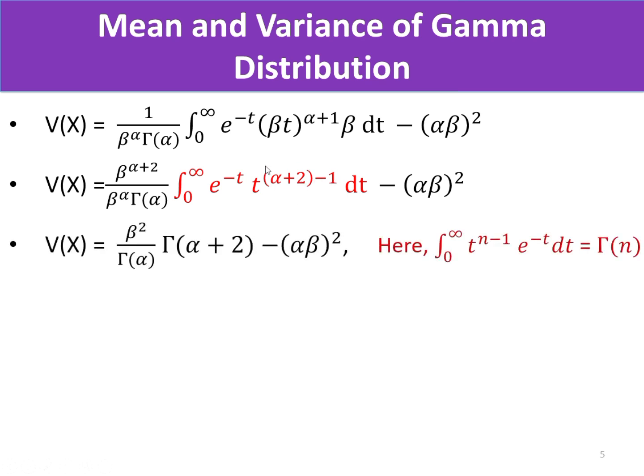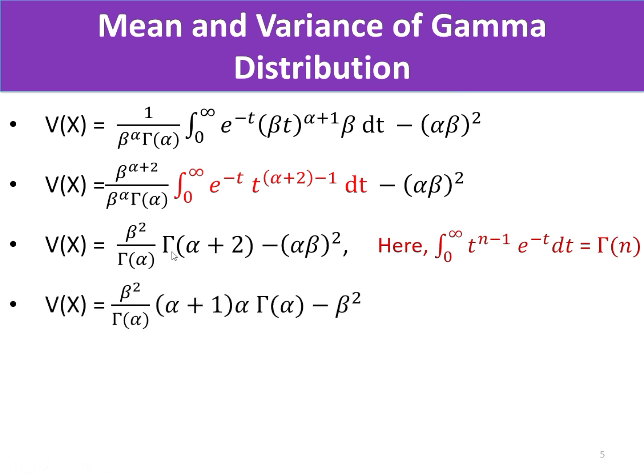This t to the power alpha plus 1, this alpha plus 1 is broken down to t to the power some positive number minus 1. To apply the integration of the gamma function, we obtain gamma of alpha plus 2, and the other constants are simplified as beta square divided by gamma alpha.